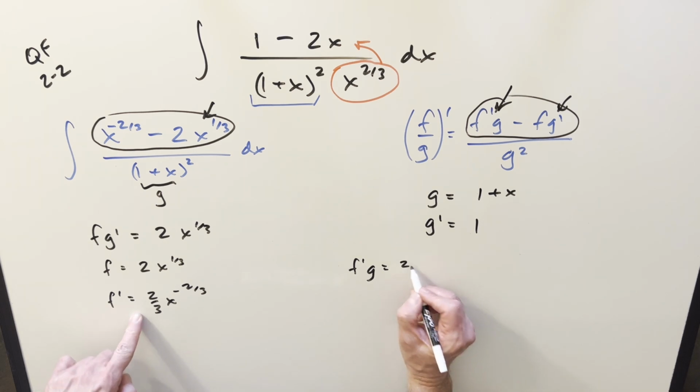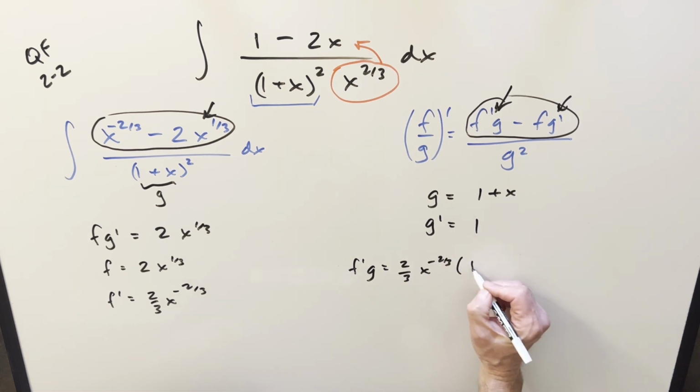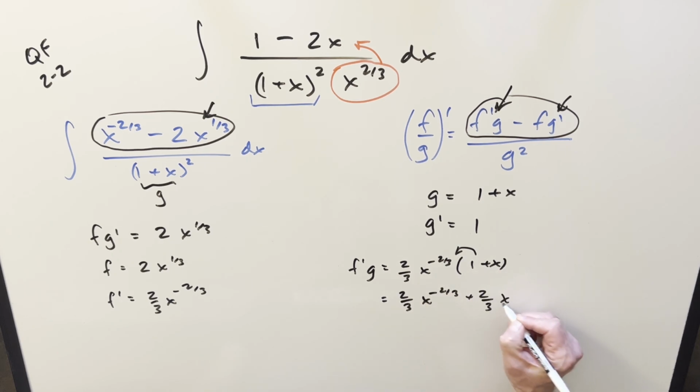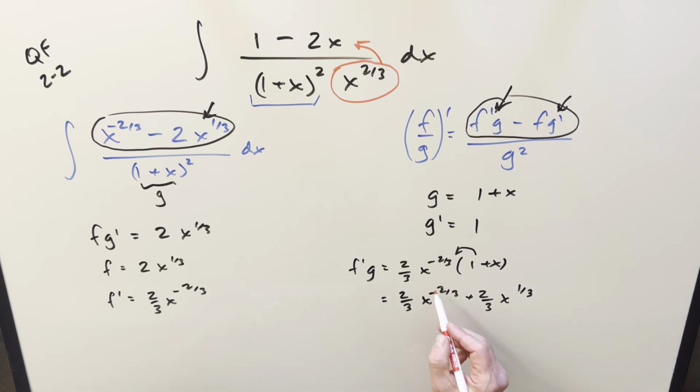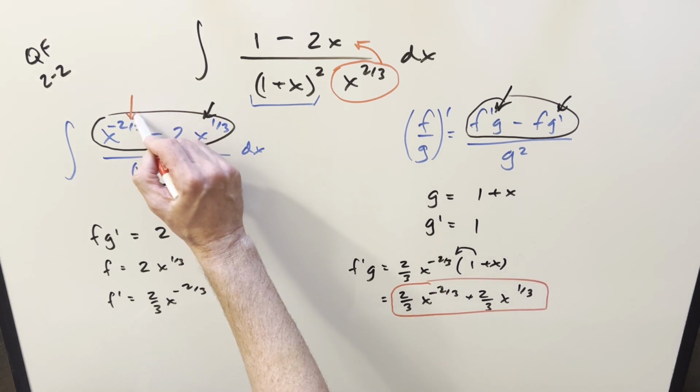Plugging in, it's going to be 2/3 x to the minus 2/3, and g is going to be 1 plus x to the 1/3. Distributing this out, we have 2/3 x to the minus 2/3, and on this part we're going to have plus 2/3 x to the minus 1/3. What we have right here definitely does not match this.